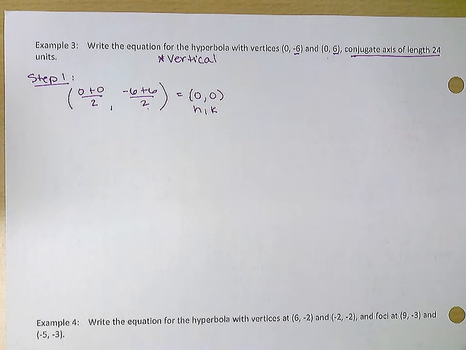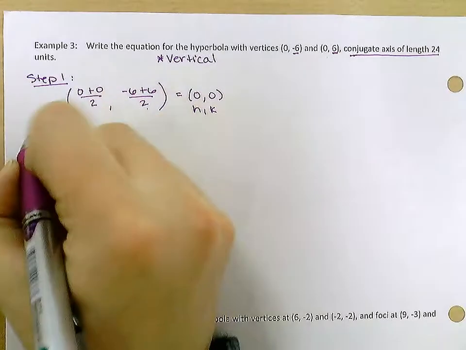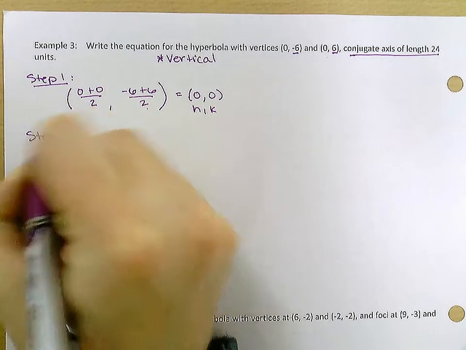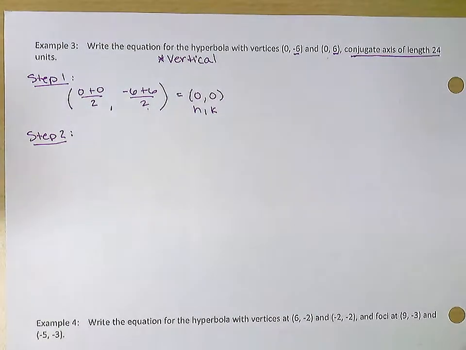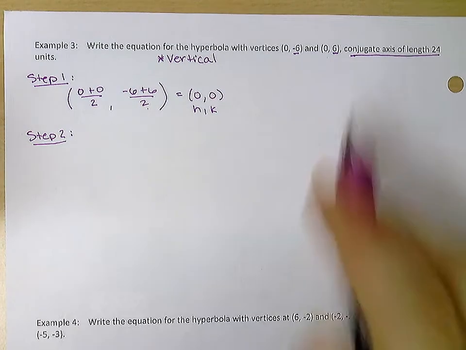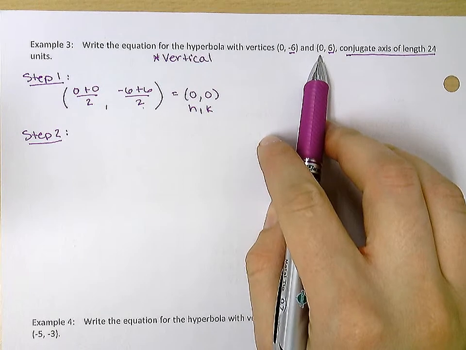Okay, step 2. What's step 2? Find what? A. Okay, so we're finding a, and to do that we'll use one of our vertices. Okay, so I can use 0, 6.